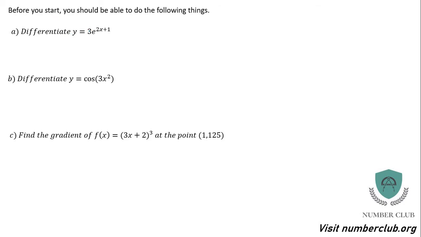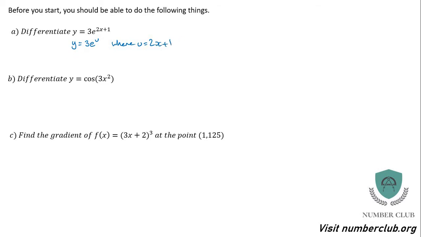Differentiate y equals 3e to the power of 2x plus 1. So what you have is an exponential function of a function, 2x plus 1. We'll express y as 3e to the u, where u is equal to 2x plus 1.